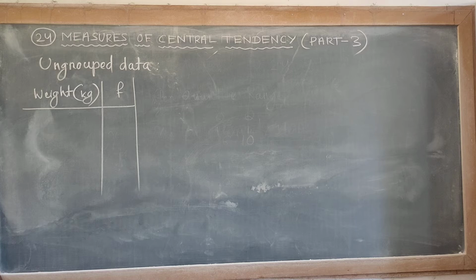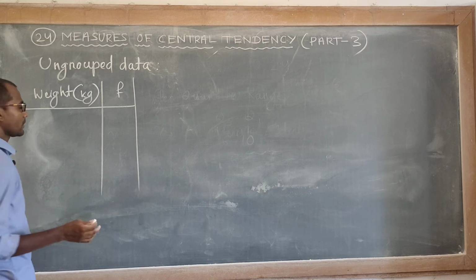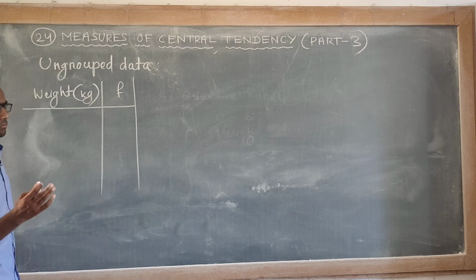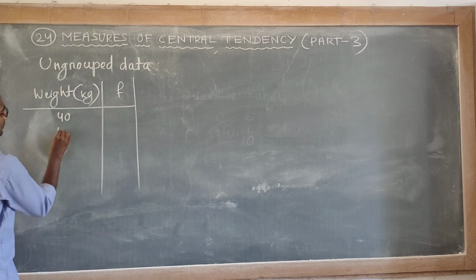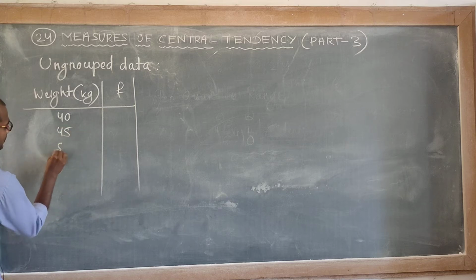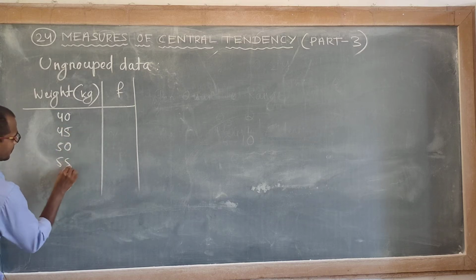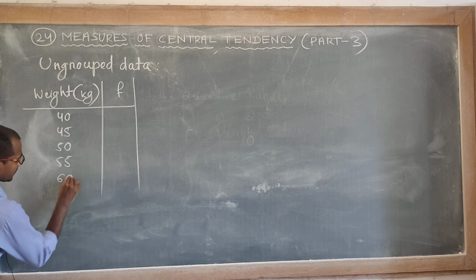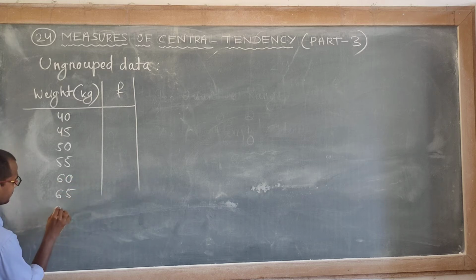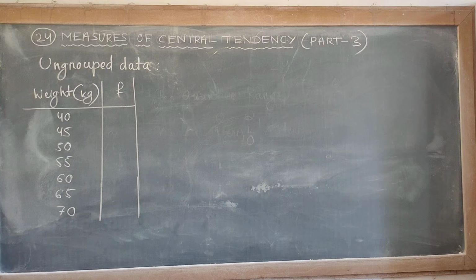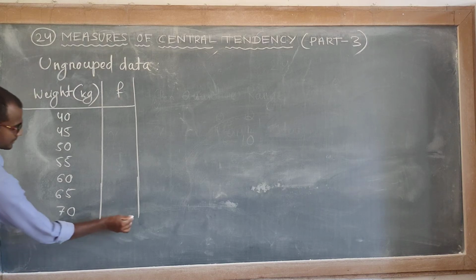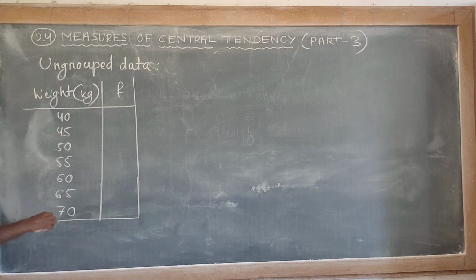Suppose I start from the minimum, 40 kg: 40, 45, 50, 55, 60, 65, 70. I am taking till 70. Some students will be more than 70, but I am taking till 70.